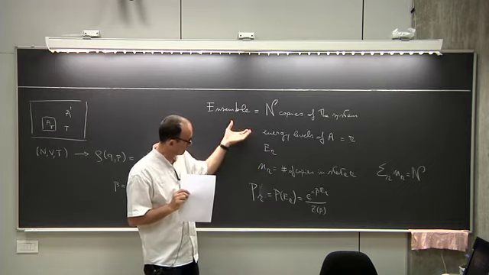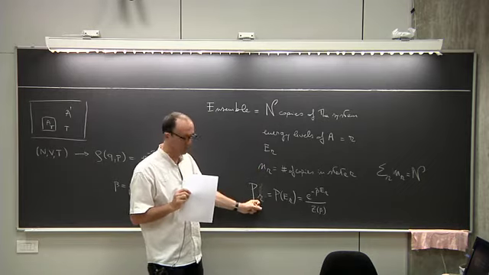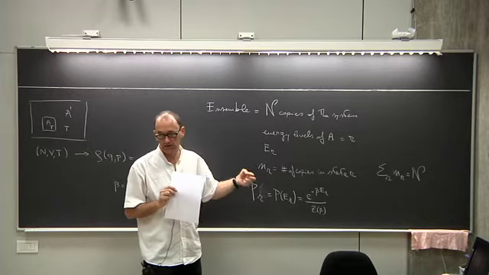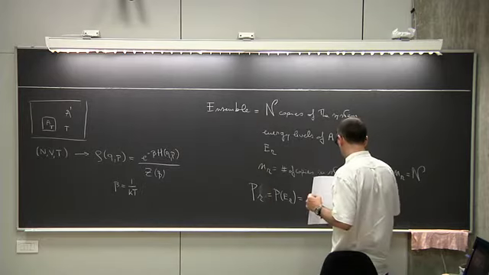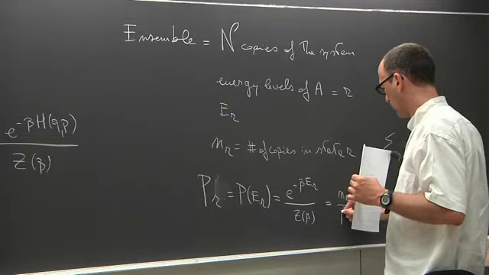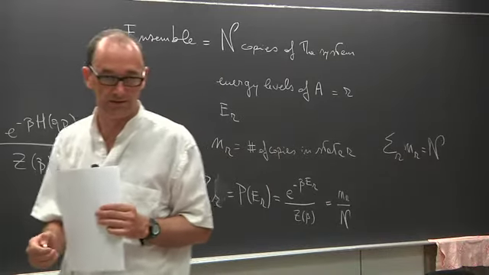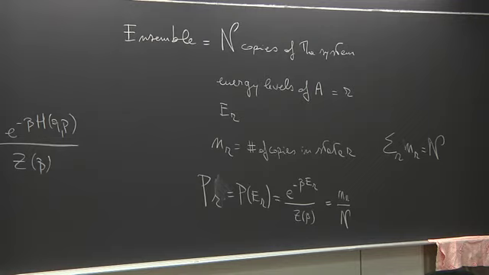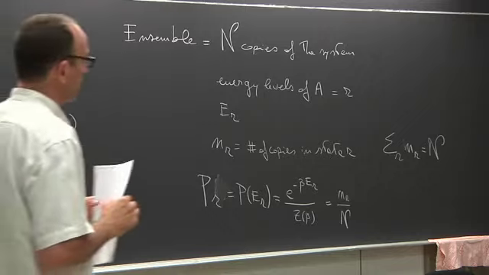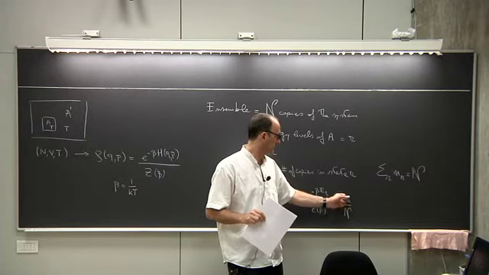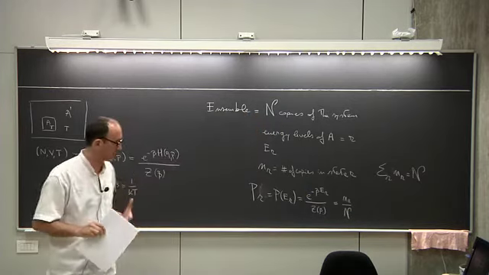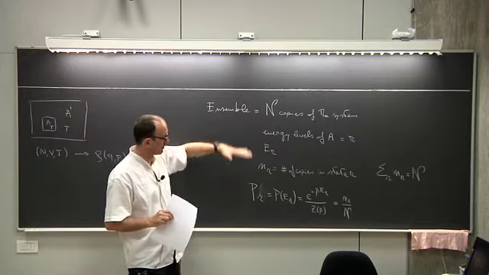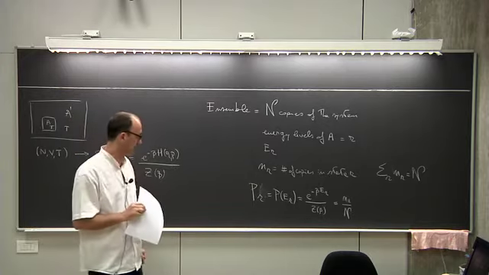In our ensemble, the probability that you will be in state R is exactly the fraction of copies of your ensemble which are in state R. So we have to compute this number, the fraction of systems in the ensemble which will be in state R.